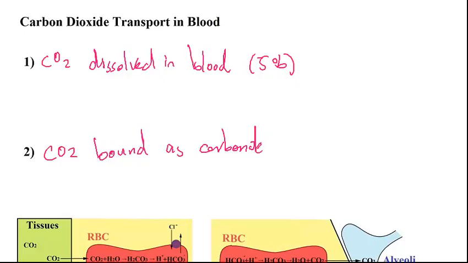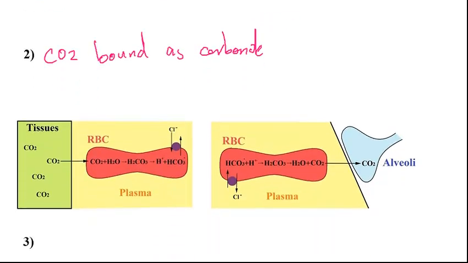So inside the red blood cells, there is an enzyme called carbonic anhydrase. So carbonic anhydrase combines CO2 and water in order to convert them into carbonic acid.